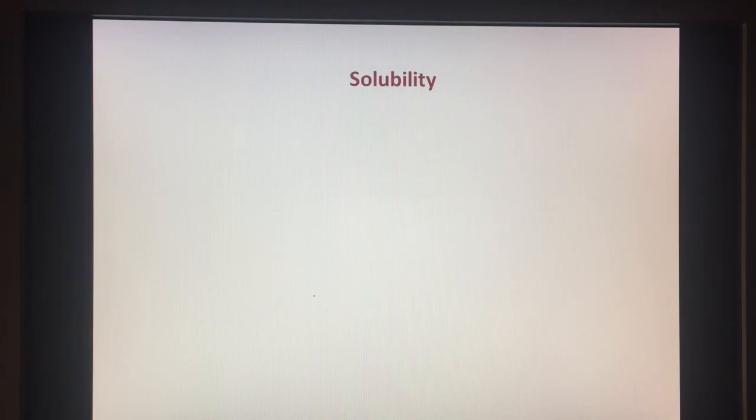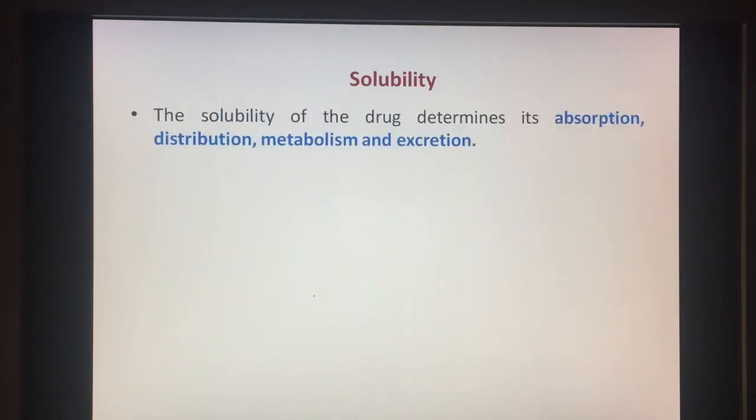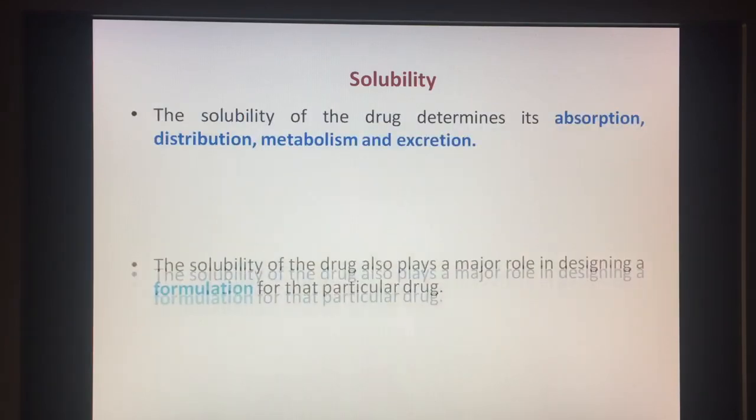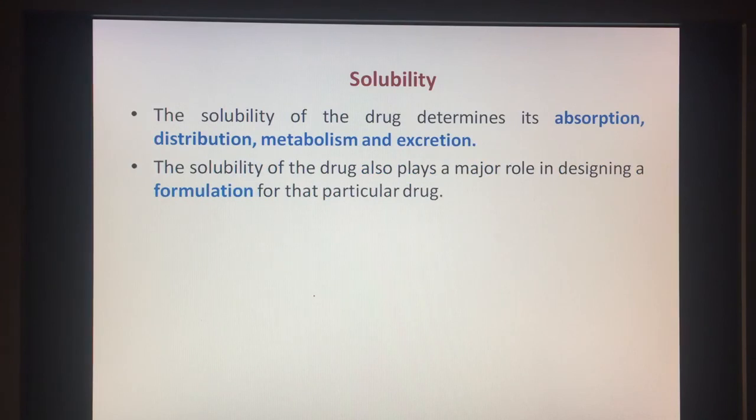In addition, solubility is also important for designing the formulation of a drug, whether it will be administered as an oral formulation or a parenteral formulation, or which route or which formulation will be made. It very much depends on the solubility of that particular drug. So this was about the solubility parameter.